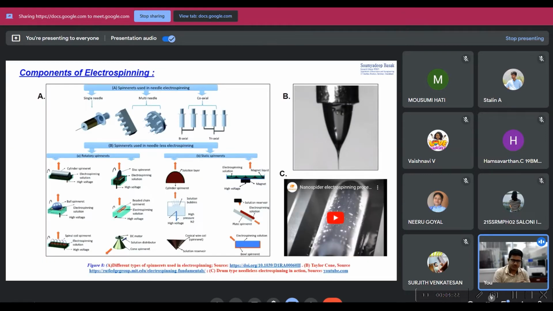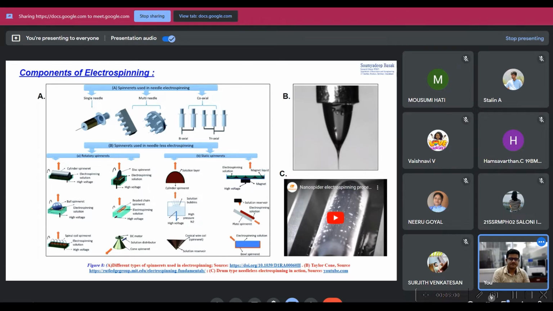Next, we studied the electrospinning process. What are the electrospinning techniques available? How do the spinnerets and collecting surfaces, that is the stage where the nanofiber is collected, change? Looking at this B, when electrospinning occurs with a very high electric potential, what structure forms first at the tip of the needle?